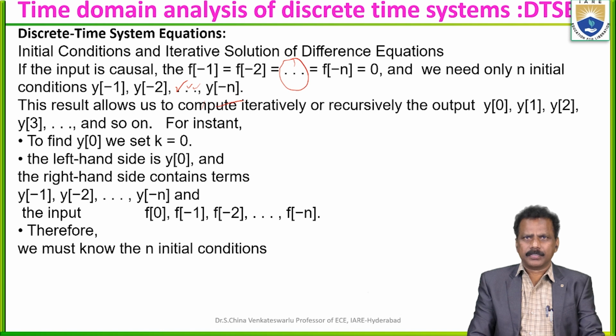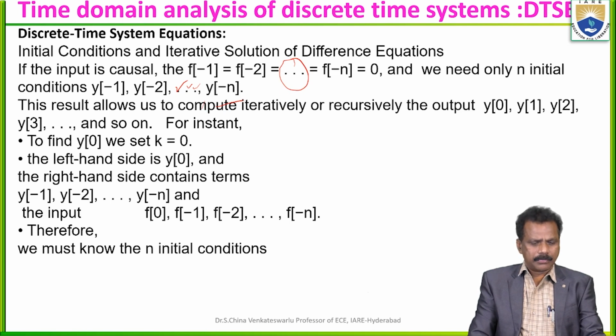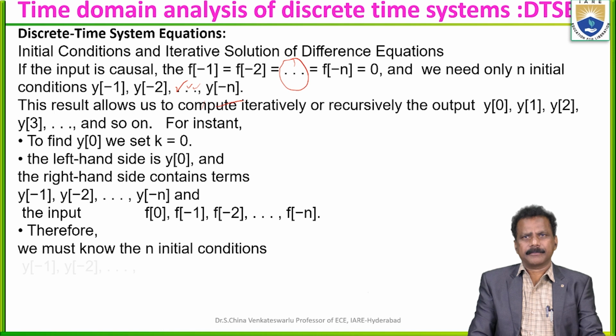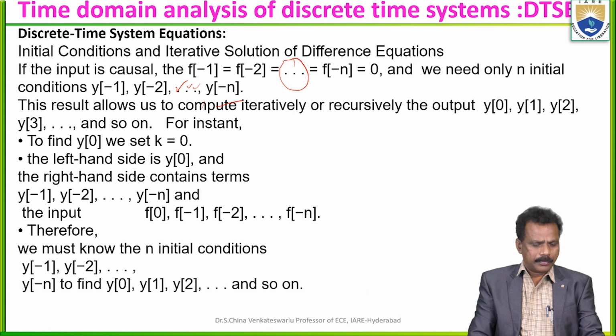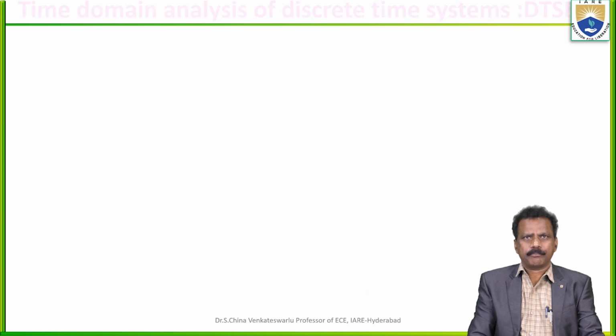For that purpose, to find y of 0, we have to substitute k equal to 0. So we must know the n initial conditions, y of minus 1, y of minus 2, and y of minus n, to find y of 0, y of 1, y of 2, y of 3, and so on.